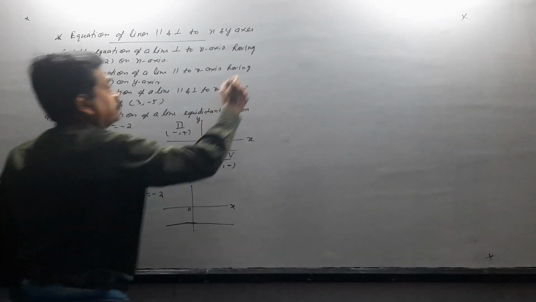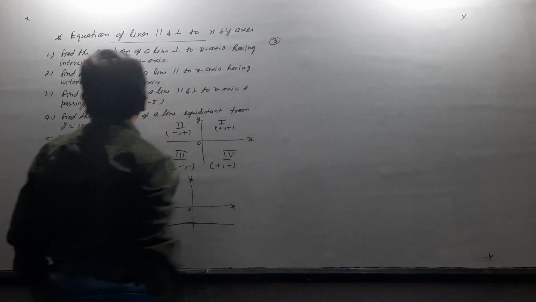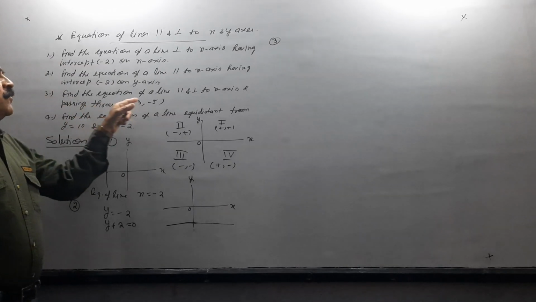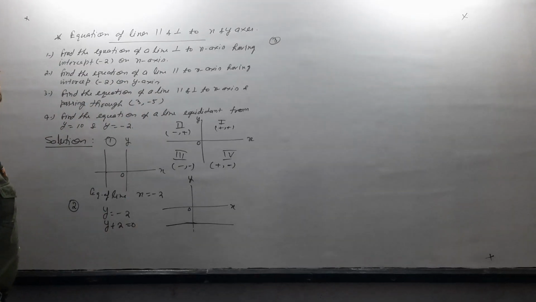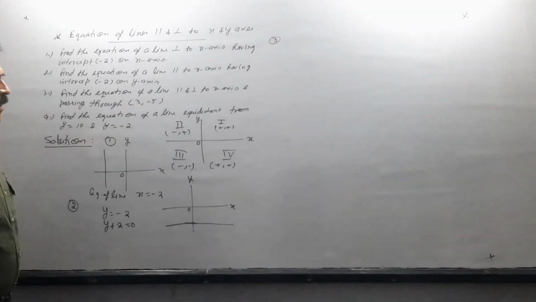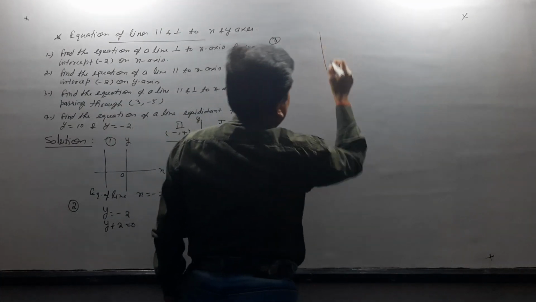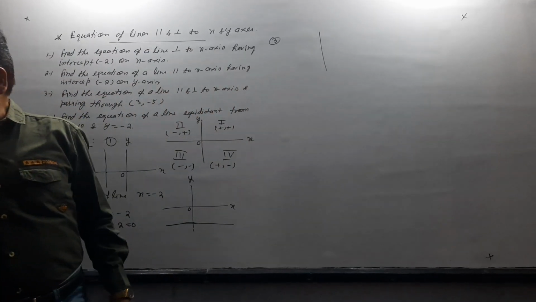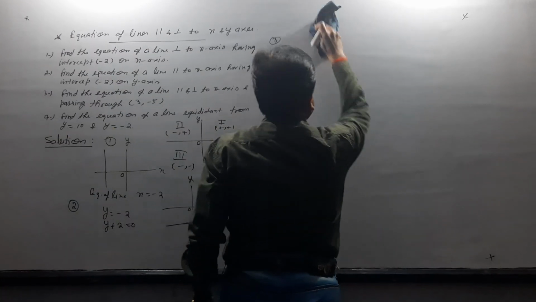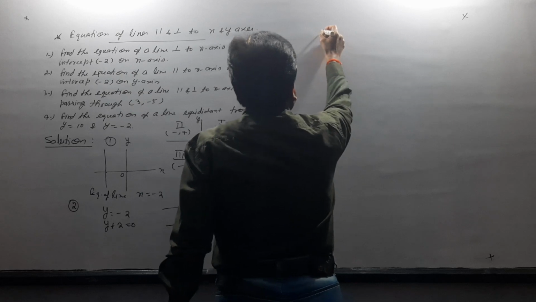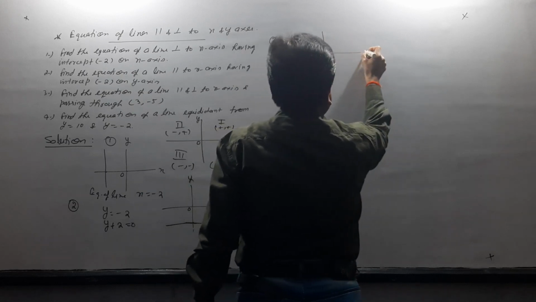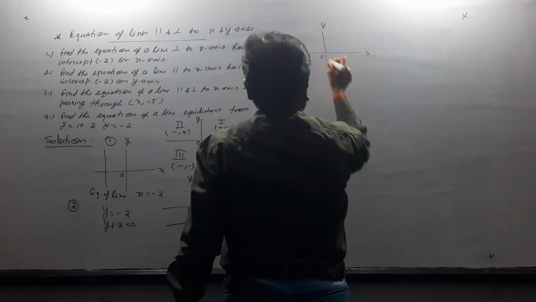Third question. Find the equation of a line parallel and perpendicular to x-axis and passing through this point. So draw another coordinate system. X-axis, y-axis, origin.